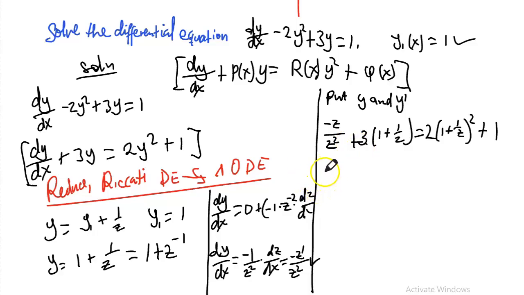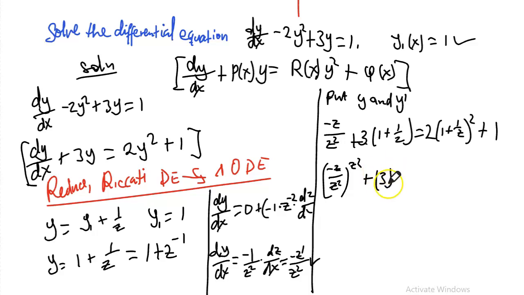We have our negative z, but the denominator is squared, so it is negative z over z squared. To remove this squared, we can square both sides. So we will simply have z squared, such that they will cancel each other. Plus we have 3.